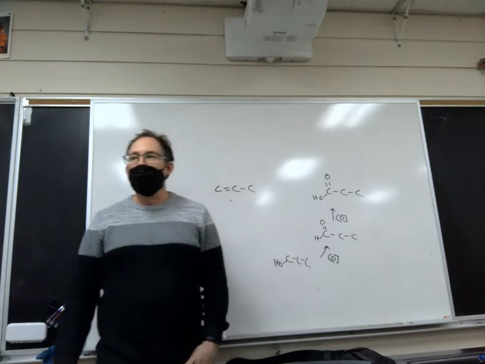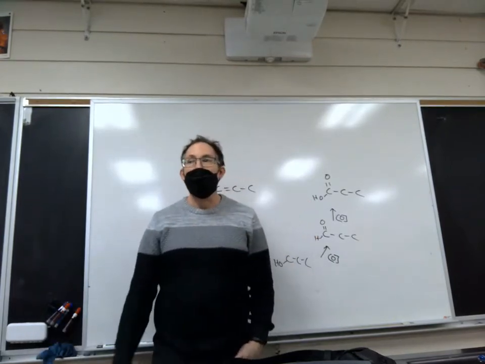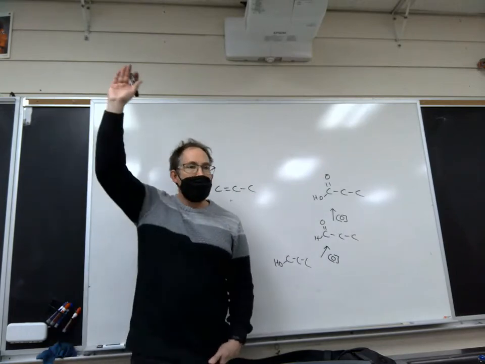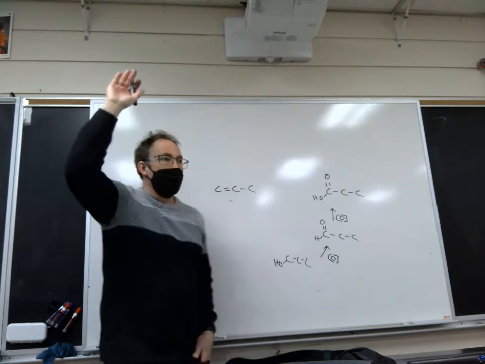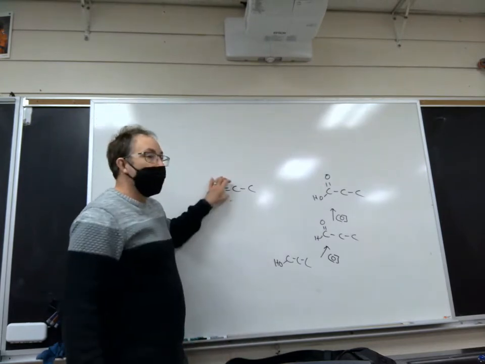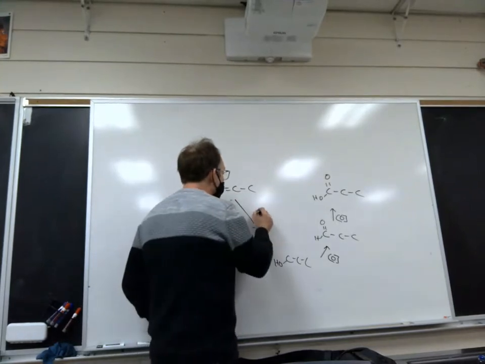I'm going to ask a different question. How many people, I won't ask you to answer, but how many people think they know what the reaction is to go from here to here? Let's see if we can get a little scoop here. Okay, guys, when you see a double bonded C in a chain, you know you're adding.